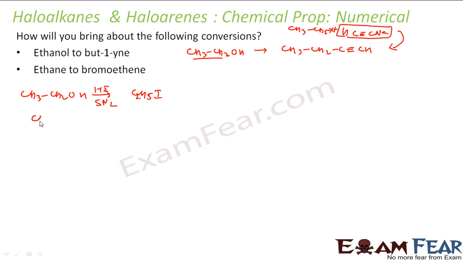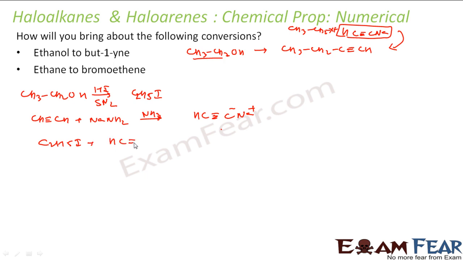Let's take this ethyne, and on that we have to add NaNH2 in presence of NH3. What it does is, it gives you this compound. Correct. It's a very strong nucleophile, and this I'll react with C2H5I.